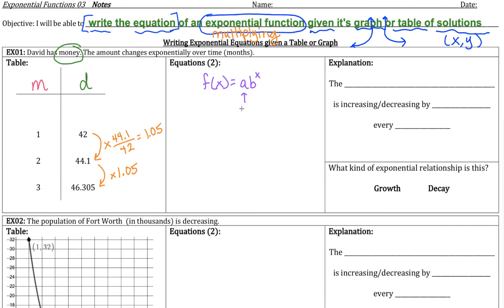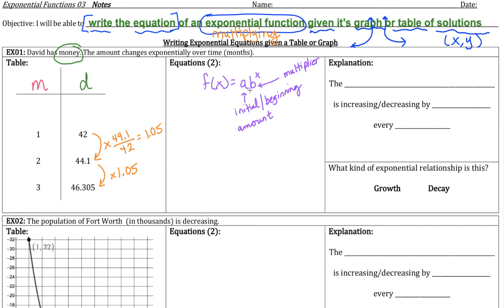So this a will be our initial or beginning amount, and this b will be our multiplier.